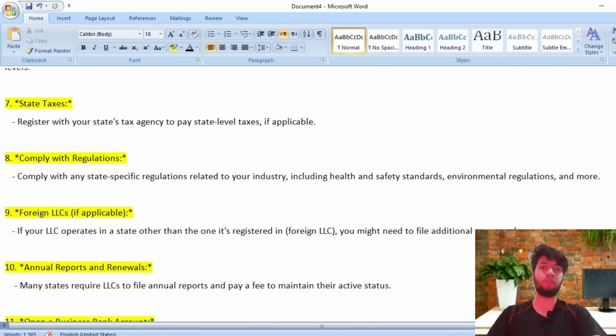For a foreign LLC, if your LLC operates in a state other than the one it's registered in, you might need to file additional paperwork, annual reports, and renewals. Many states require LLCs to file annual reports and pay a fee to maintain their active status.